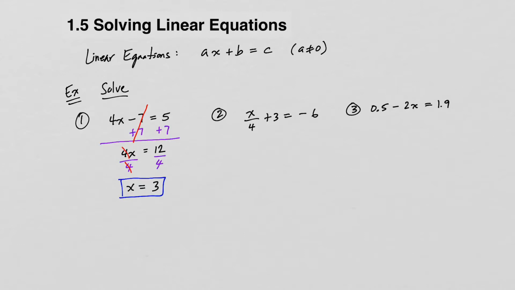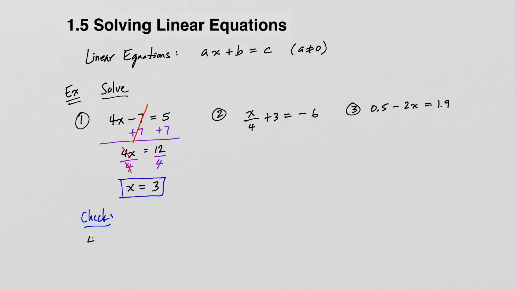And I won't do this for every problem, but I want to remind you that anytime you solve an equation, you can check your answer. And so if we want to check to see if x equals 3 is actually a solution, what we need to do is take the number 3 and plug it into the original equation.